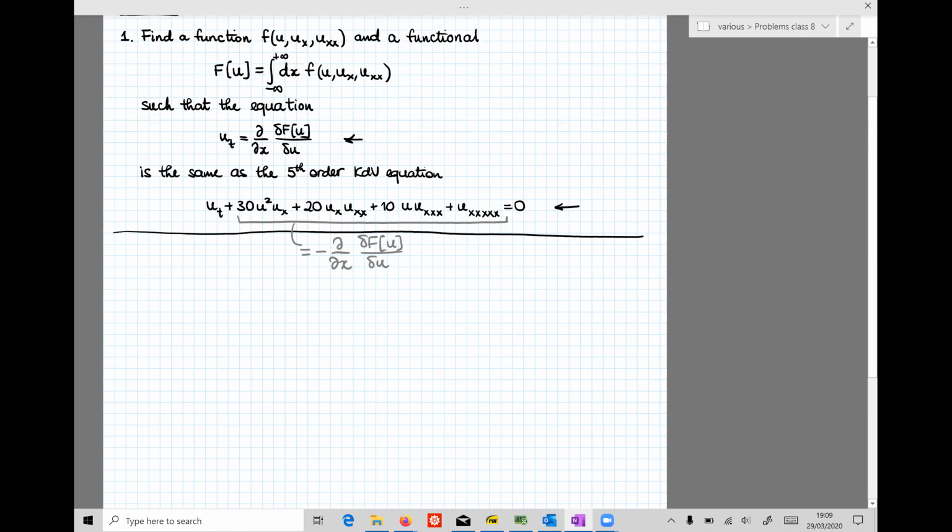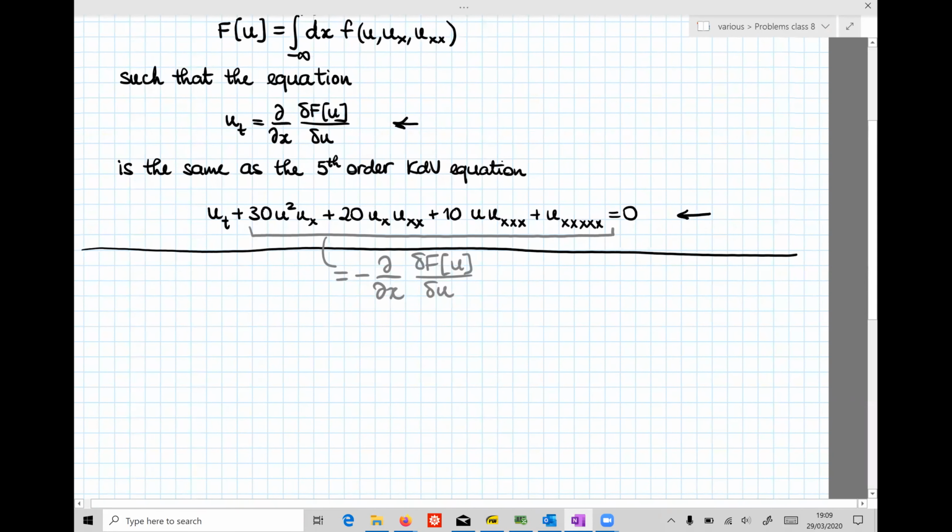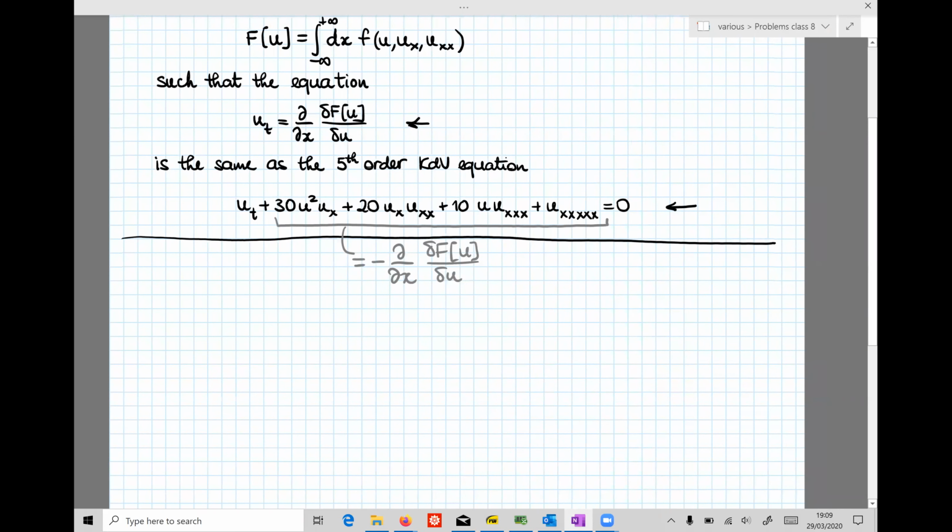We can do it in two steps. First we want to express this quantity, which is underlined in gray, as the x derivative of something.